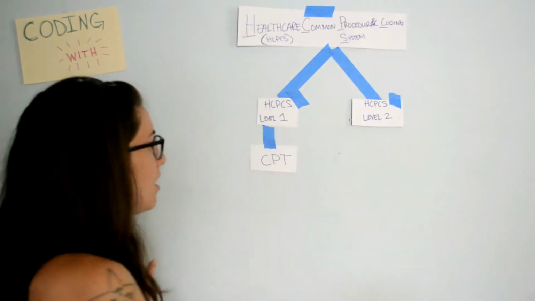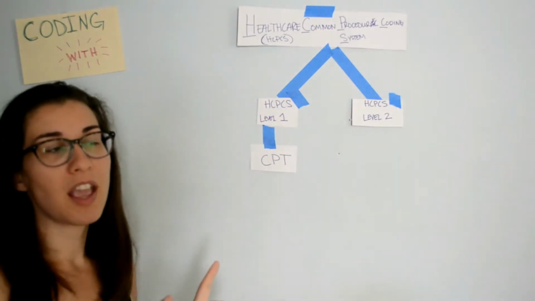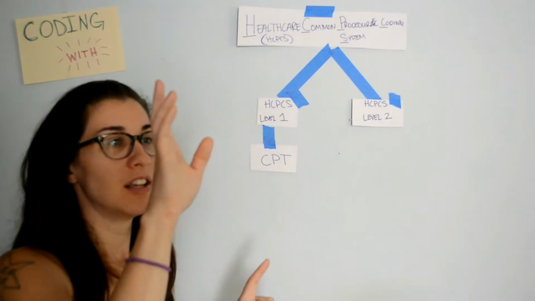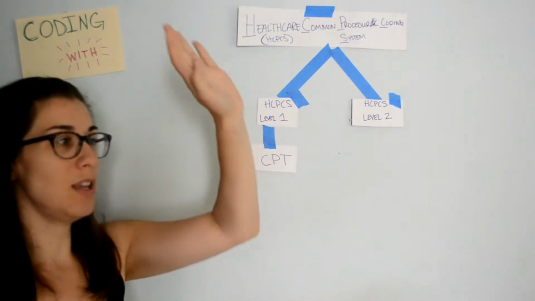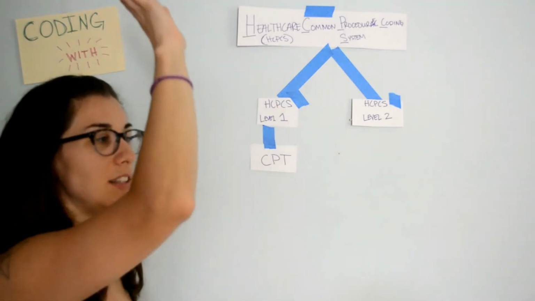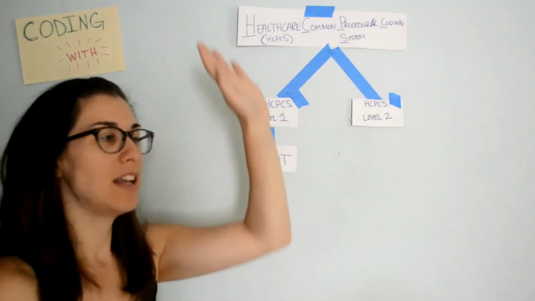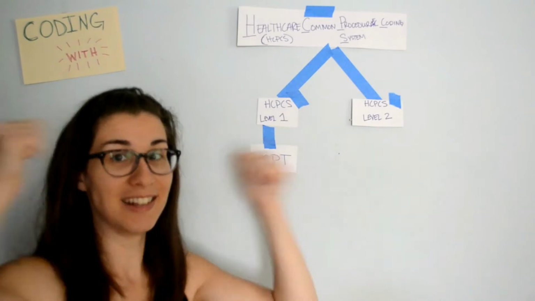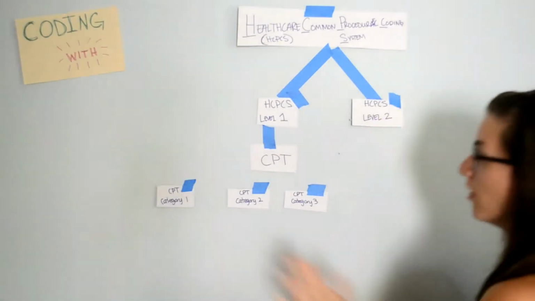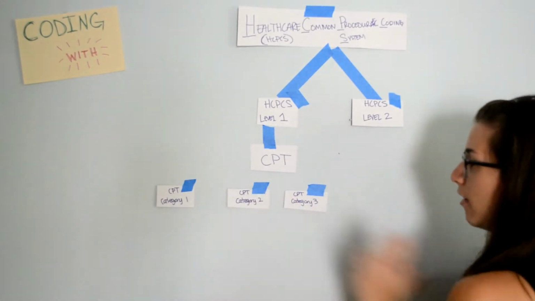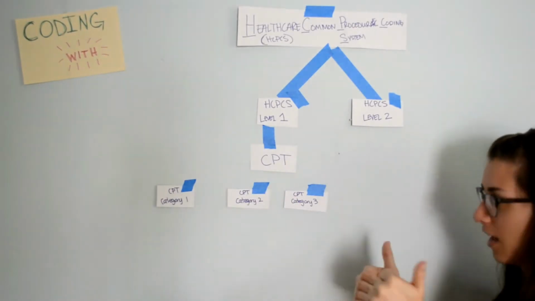So let's stick with CPT. CPT is broken down into three categories: CPT Category 1, CPT Category 2, and CPT Category 3. So we have CPT Category 1, Category 2, Category 3.